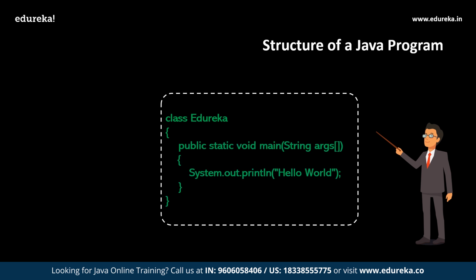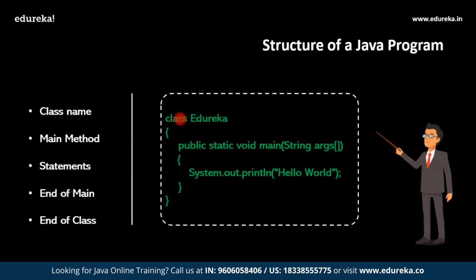So the first thing you see is the class and Edureka. Class is the keyword and Edureka is the class name. The first line we write in our usual programming is declaring the class. So class is a keyword and Edureka is the name of the class as discussed before. You can write your own name for your class. And followed by that, you open the class and the very first statement you declare is the main method.